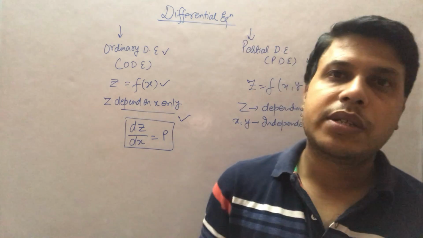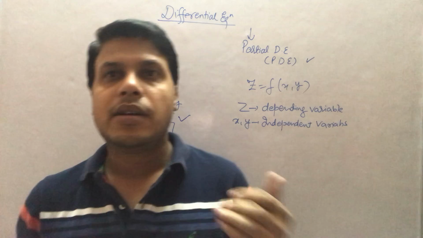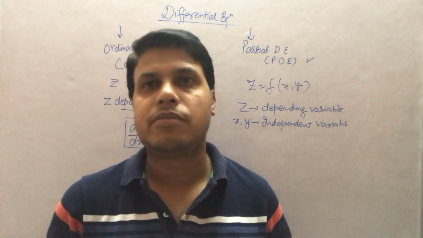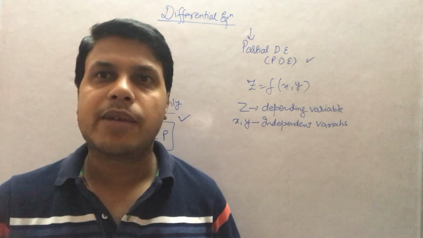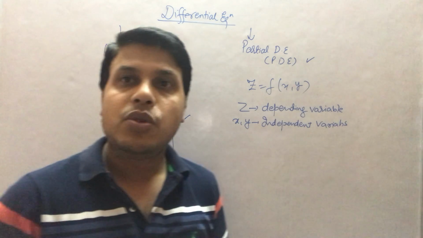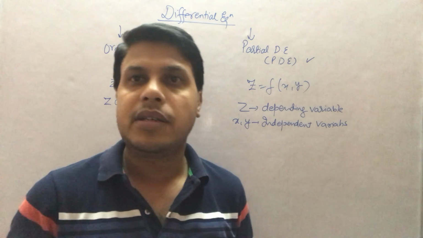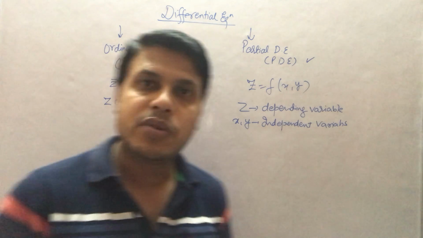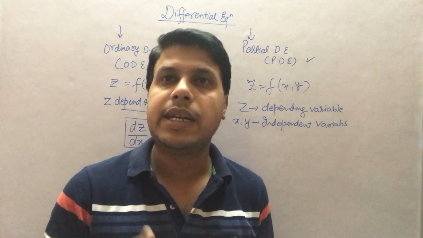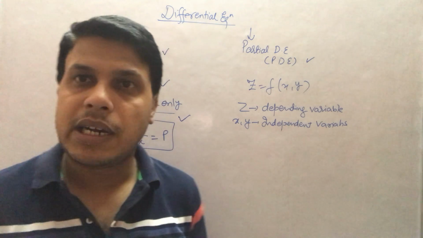But suppose there is a condition in which z is a variable which depends upon two variables or more than two variables, so we can say z is a function of x and y. So if I want to write a differential equation, then I have to use the operator del, not d. Actually we have to use the operator del for the partial differential equation.